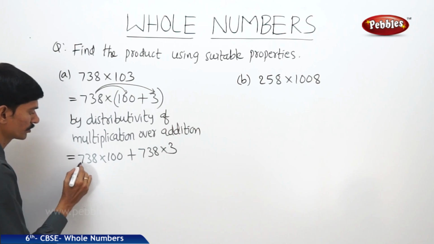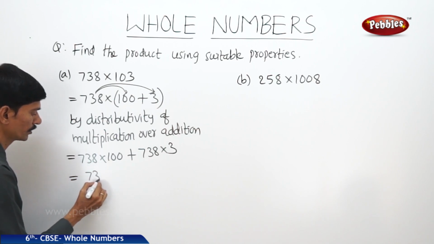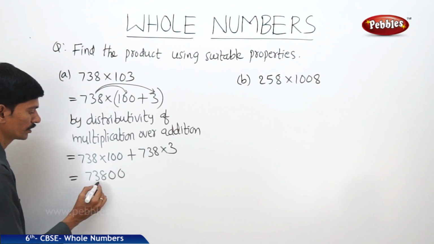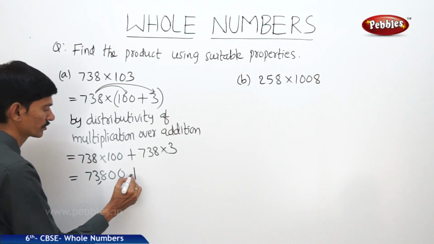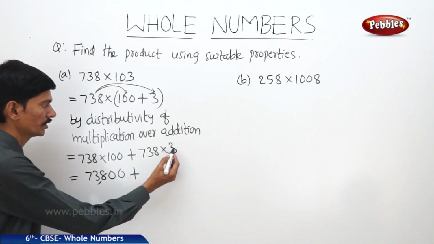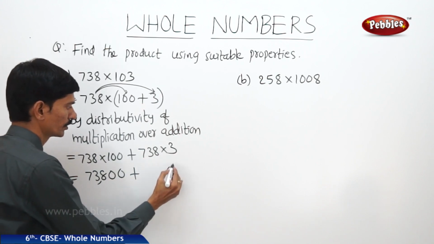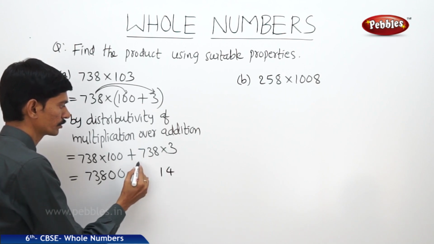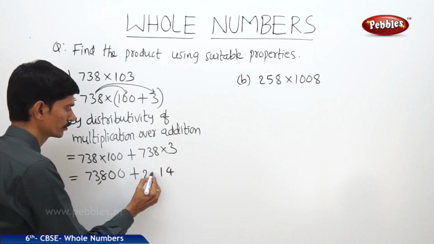So this equals 738 into 100, 738 1s are 738, then 2 zeros. So this is 73,800 plus, now 3 8s are 24, 3 3s are 9 plus 2 is 11, and 3 7s are 21 plus 1 is 22.